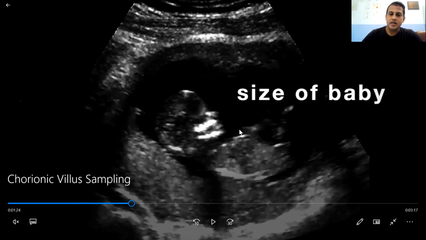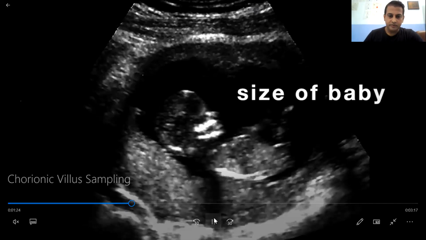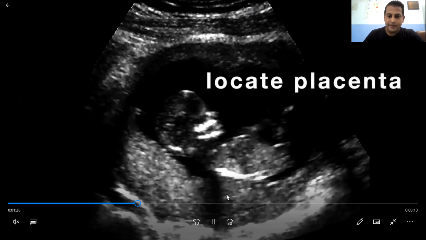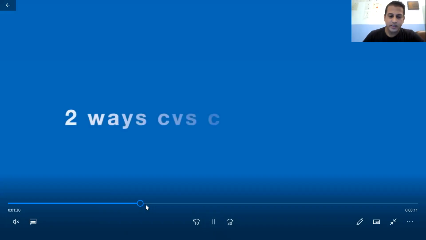They can check this fetus. You can see here the face of the fetus, and this is the developing fetus. They have to carefully observe the fetus and its position and everything, and then they have to locate the placenta.